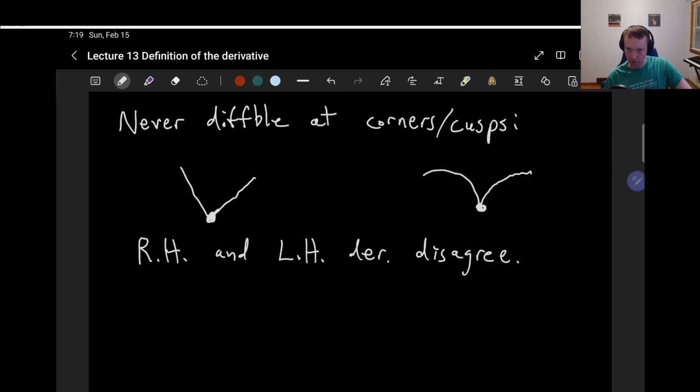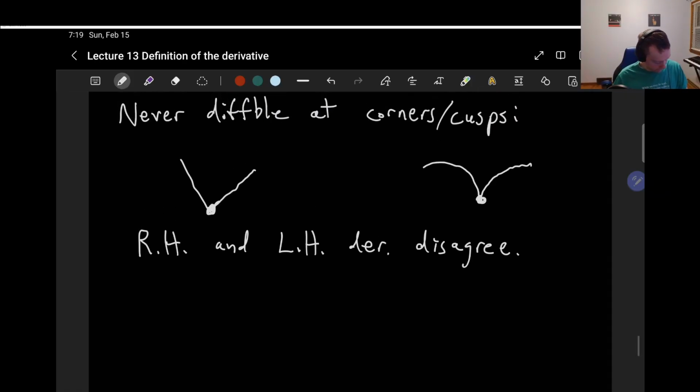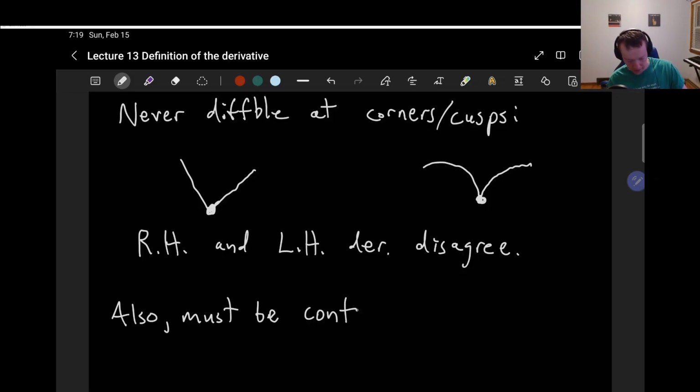Now, here's another thing to look for, a little bit different. Also, you must be continuous. So when we talked about continuity of a function, we weren't wasting our time. Function must be continuous to be differentiable.